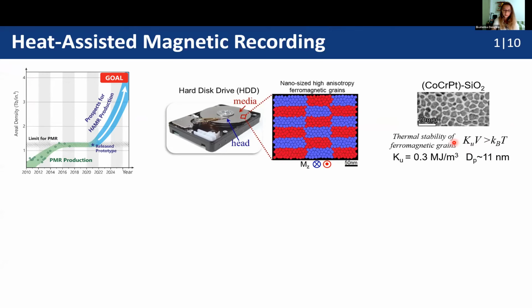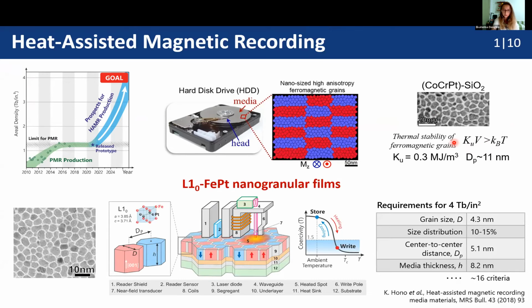So this is where we can go to a new technology, which is called heat-assisted magnetic recording technology. In this technology, first of all, the region of magnetic material is heated. At a certain temperature, the information will be recorded where the magnetization of this region is decreased. And after that, the region of the material will be cooled again.